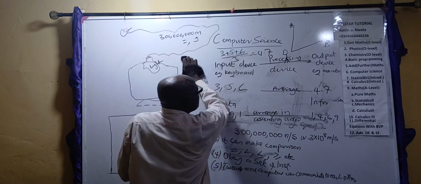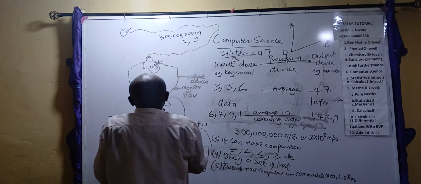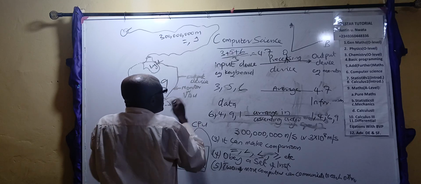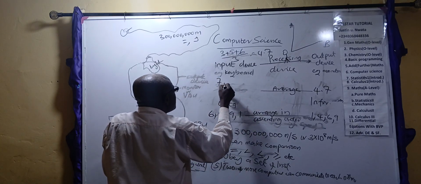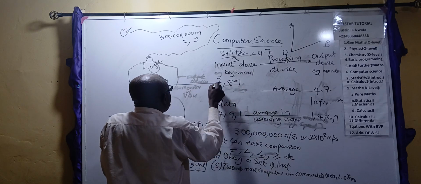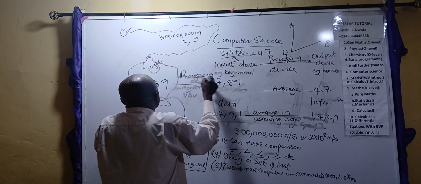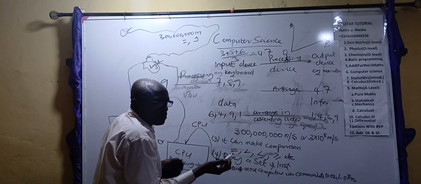If you put in, say, 7, 8, 9, and after processing you get 7, 8, 9 again, nothing has been done.